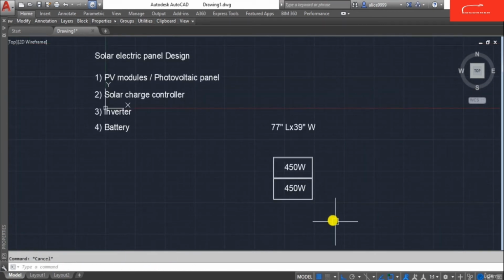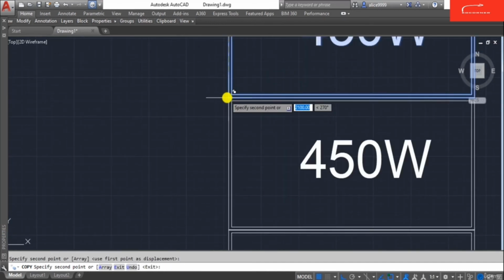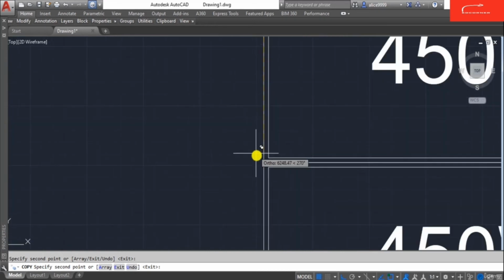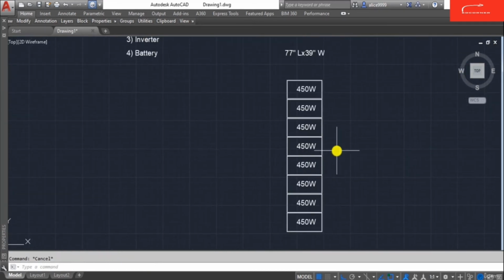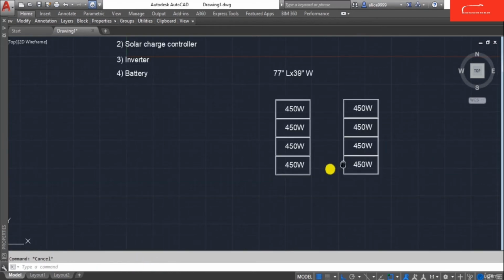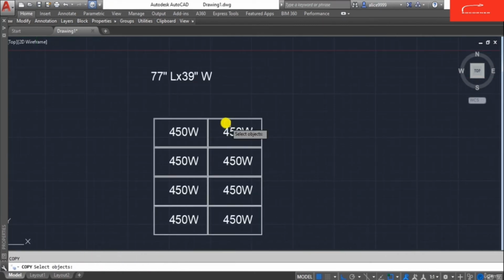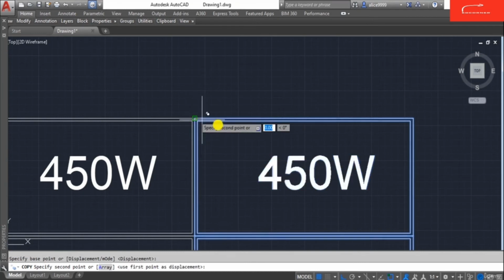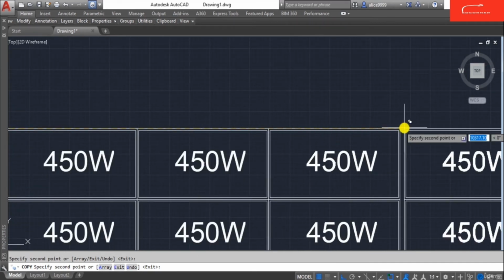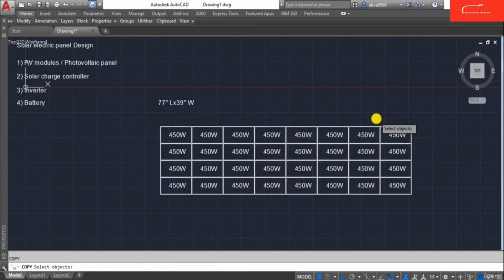I need to assemble like this. This is the entire 4 panels, and I need to draw 10 columns and 4 rows, so it will become the 40 panels.